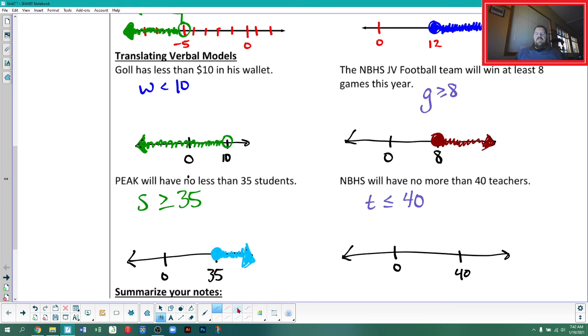Again, 40 is a solution. 40 would work. So we're going to fill in that circle at 40 and shade everything to the left. Try to keep your work as neat as you can, but still as obvious as you can. Don't make me guess which side of the line you were shading. That's when you get things wrong.